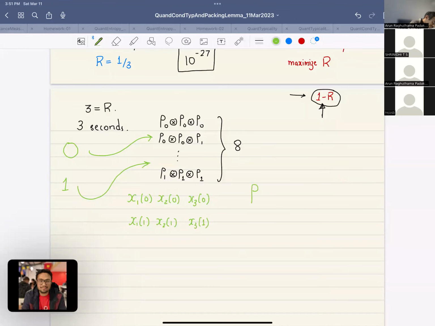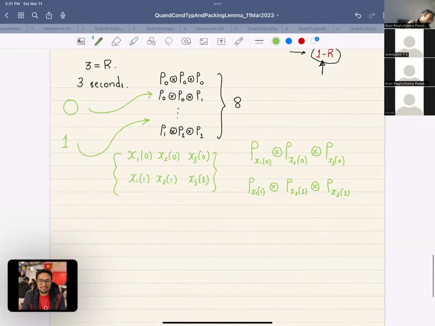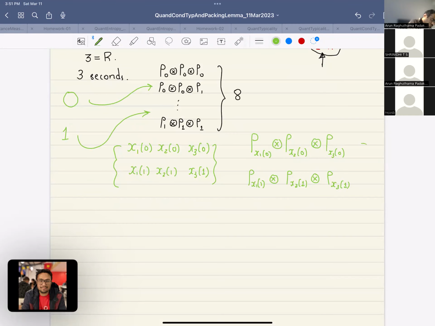And she will prepare this state if she observes the bit 0, and she will prepare this state if she observes the bit 1. So she has to choose these two possibilities, and you want these two to be distinguishable with a probability of 10 power minus 27.